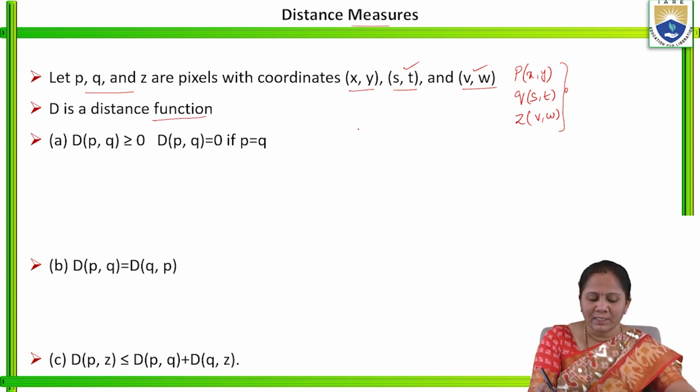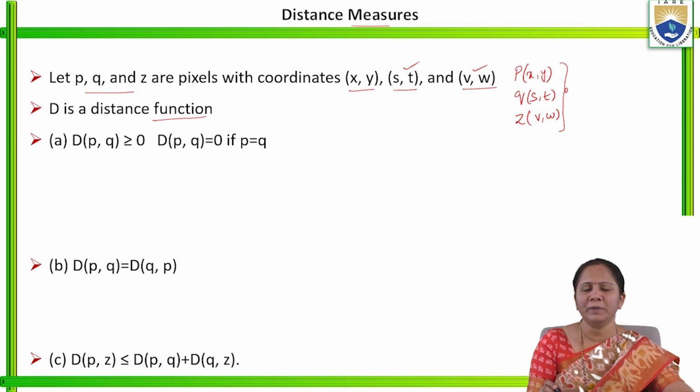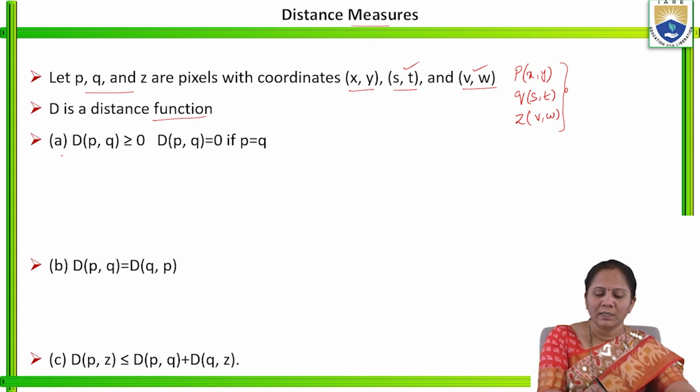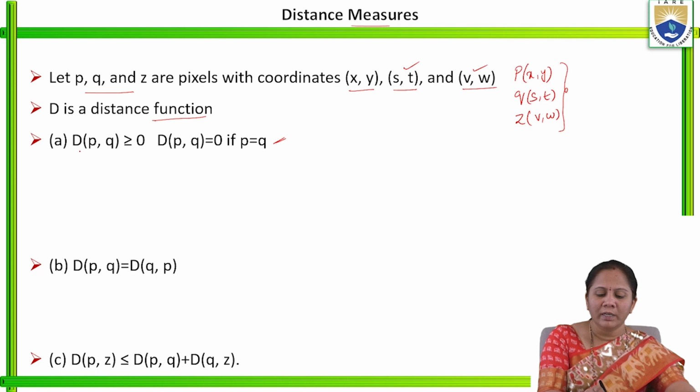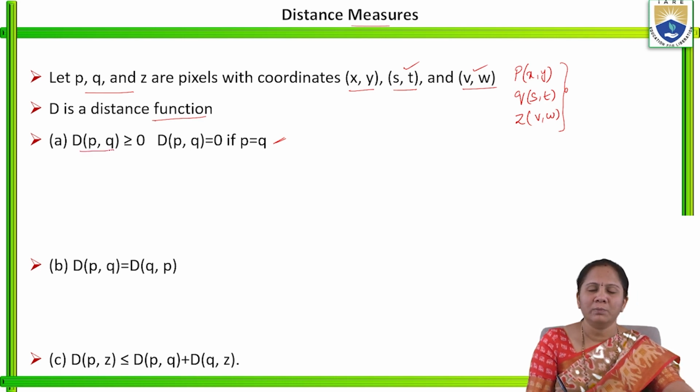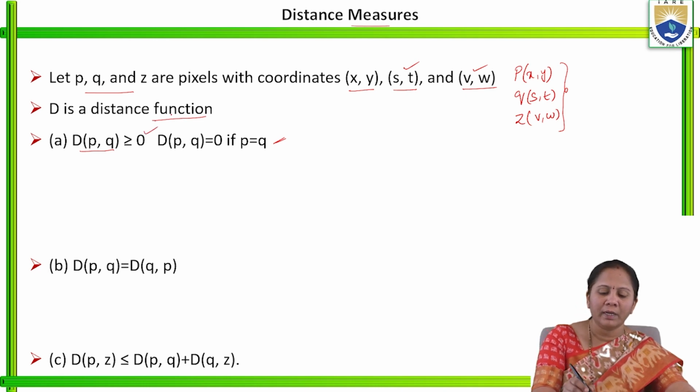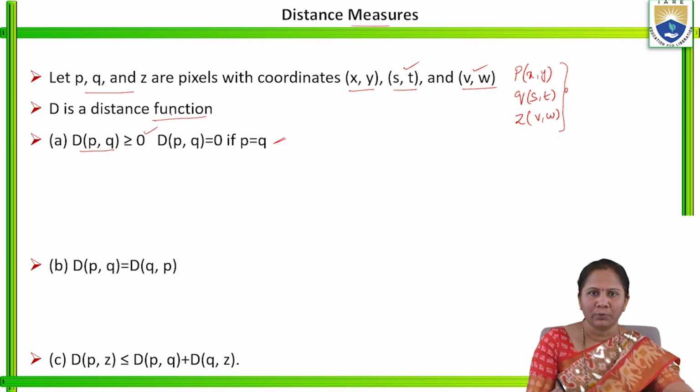Let us consider the different conditions, since the distance between any 2 pixels may be any value. In the first case, d of P comma Q, the distance between the 2 pixels P and Q, may be greater than or equal to 0.